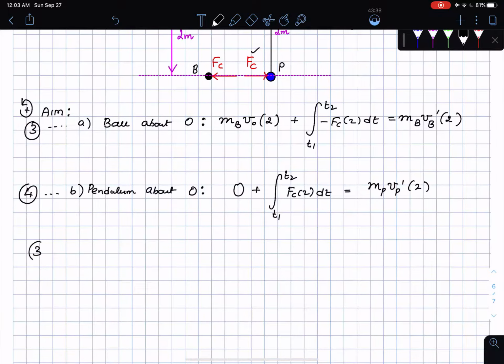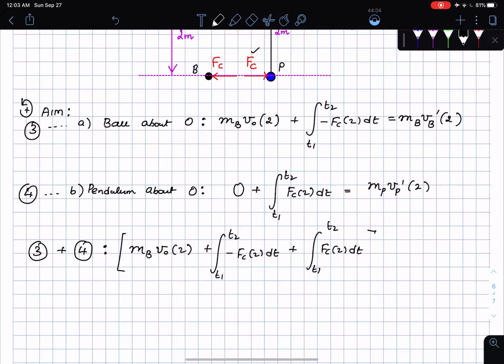If I add equation 3 and equation 4, what do I end up getting? Mb V0 times 2. And then you see this plus Fc dt minus Fc dt. So this is t1, t2 minus Fc times 2 dt. I'm going to have integral t1 to t2 Fc times 2 dt.